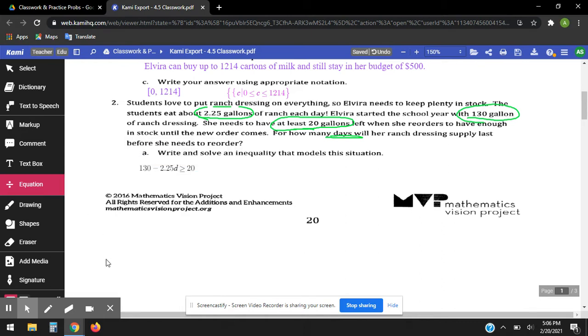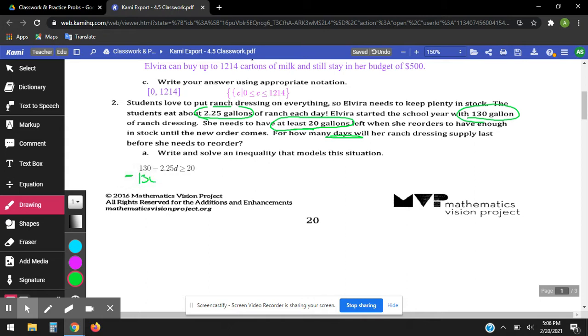All right, now we need to solve it. So let's go ahead and do this in our green. So I want to get things away from the D first. So I'm going to subtract the 130 minus 130. That cancels. So I'm left with negative 2.25D greater than or equal to 20 minus 130, which would be negative 110.